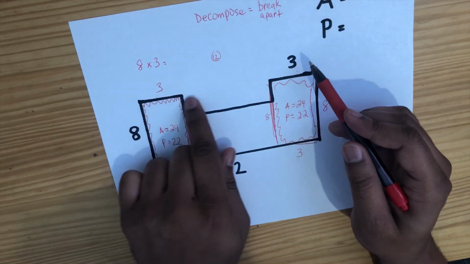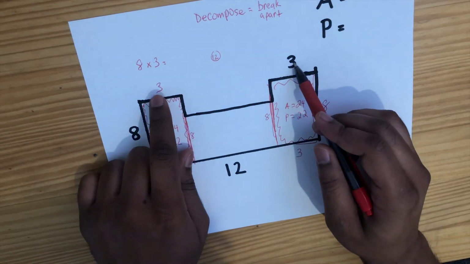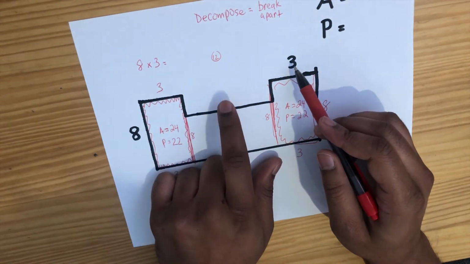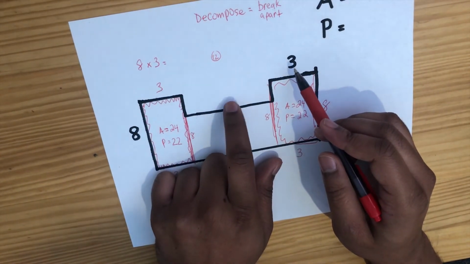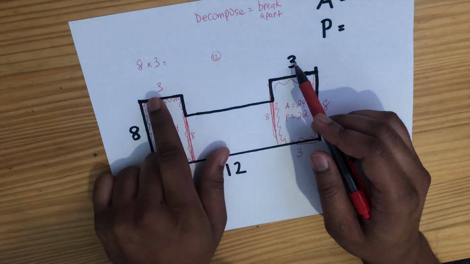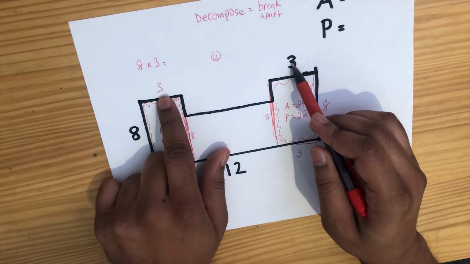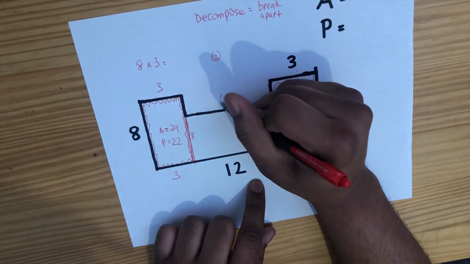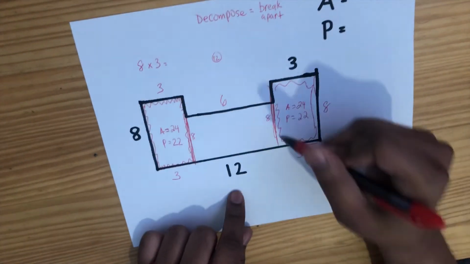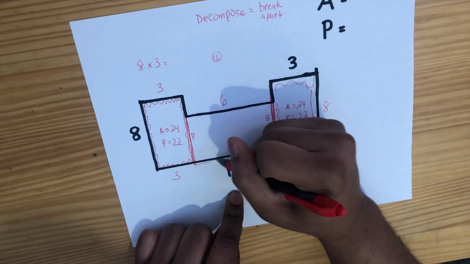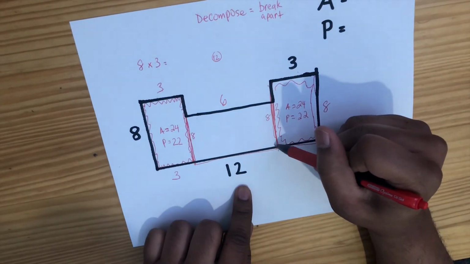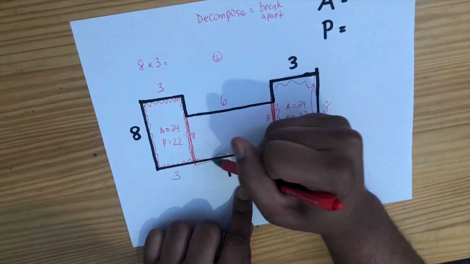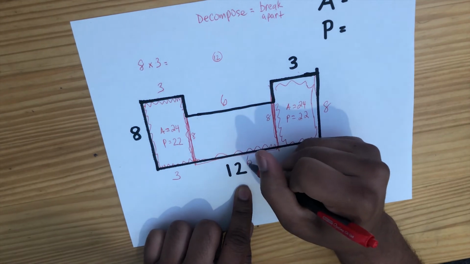So if this whole line across is equal to 12 and these two equal 6, how much must this be in order to get a total of 12? Well, 12 take away 6 leaves a remaining amount of 6. That means this side is 6. And if this side is 6, that means from here to here is also 6.